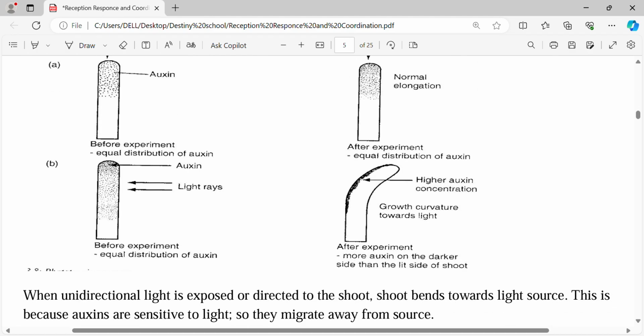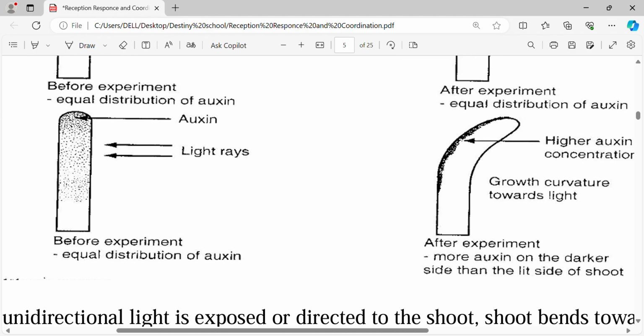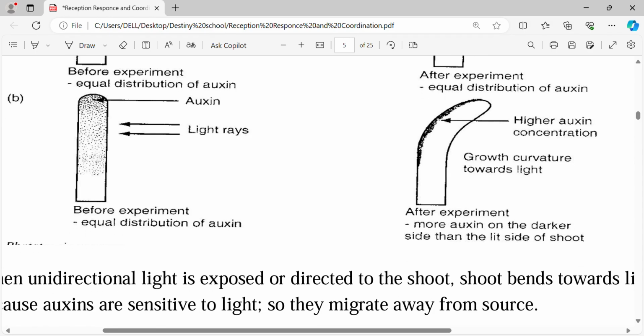But let's now focus on this second scenario. In this second scenario, we are now inducing unidirectional light. When we say unidirectional light, it means a source of light from one side. We are not using light that is well distributed.